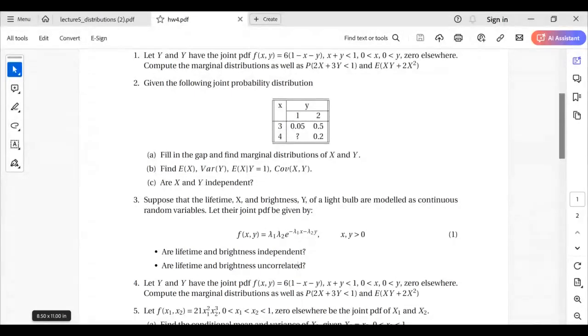So what you have to do here, Timur, is get the conditional distribution of x given y, for example, or conditional distribution of y given x, and check whether this equality holds or not.